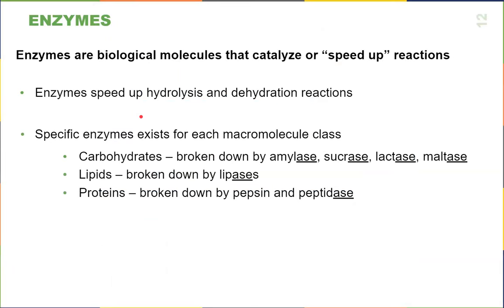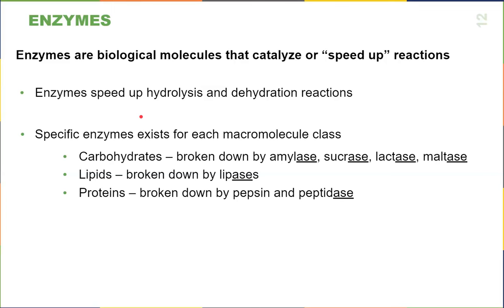Okay, so these reactions can happen at their own rate, which is okay, but they can also be sped up by using an enzyme. So enzymes are biological molecules, they're proteins, that catalyze or speed up reactions. So they speed up chemical reactions.